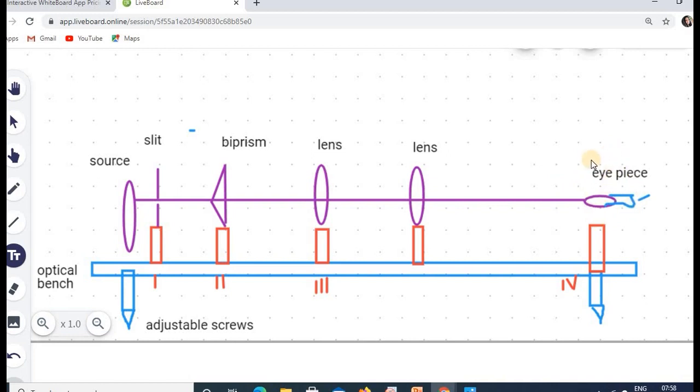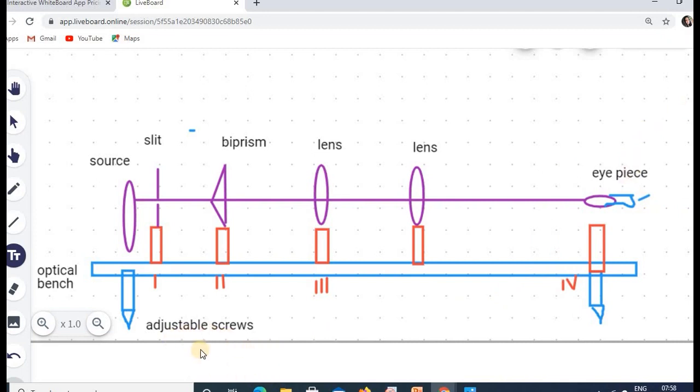If the fringes are not clear or not seen, the biprism could be rotated, and its position could be changed horizontally so as to obtain the interference pattern through the eyepiece.